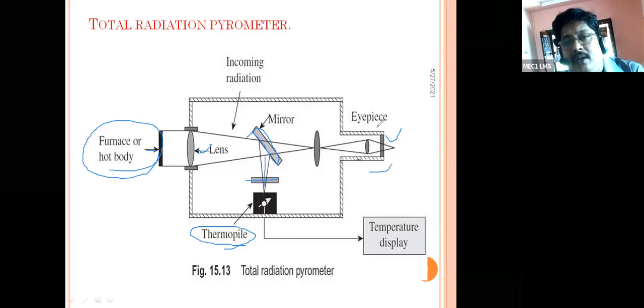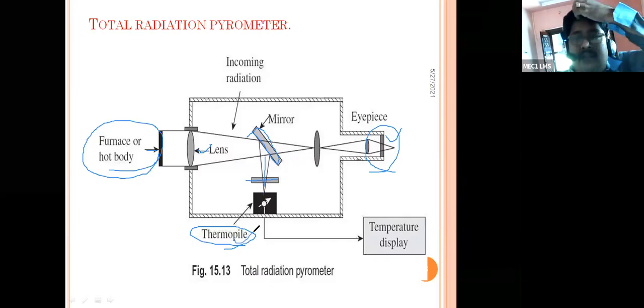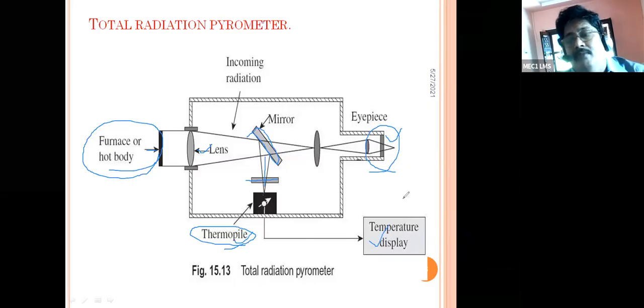Once it is adjusted, we measure the temperature of that particular hot body or furnace with the help of this thermistor device or thermopile, and it is displayed on the temperature display. It will indicate, or we can record, the temperature of the hot body or furnace.